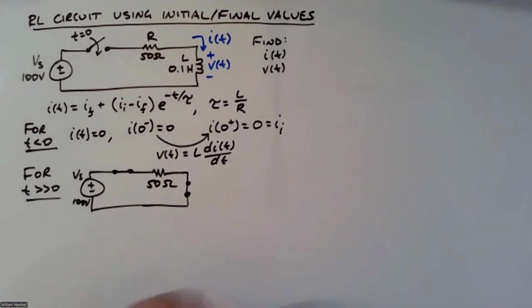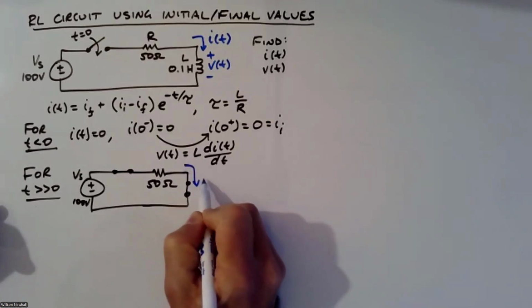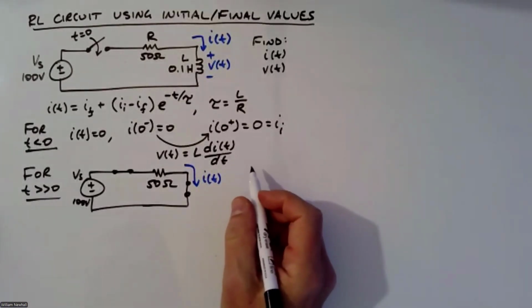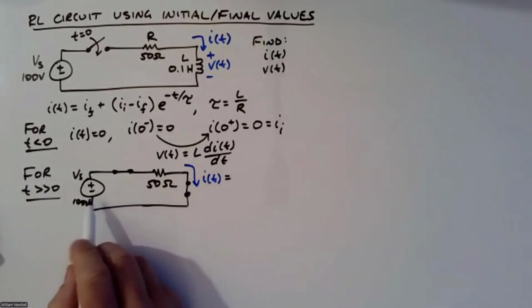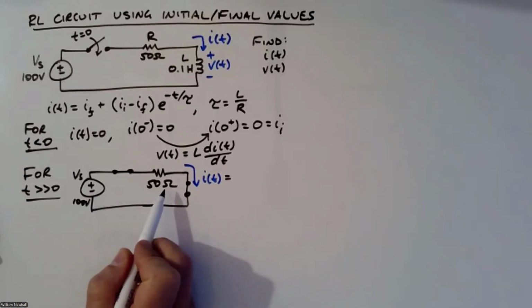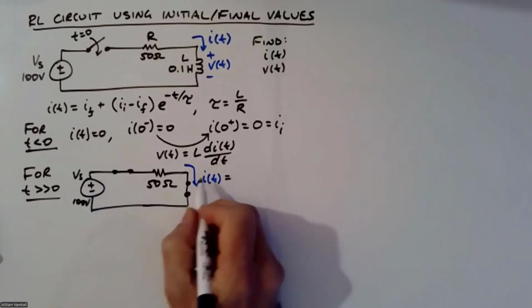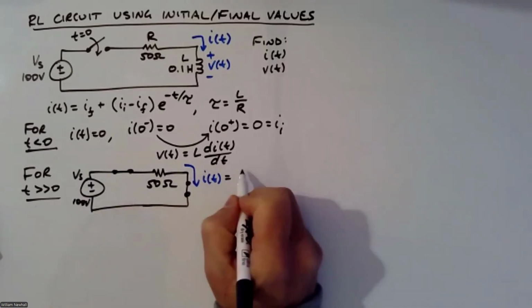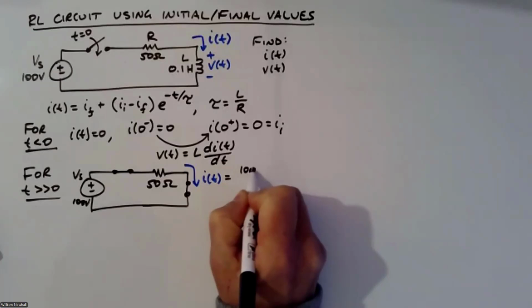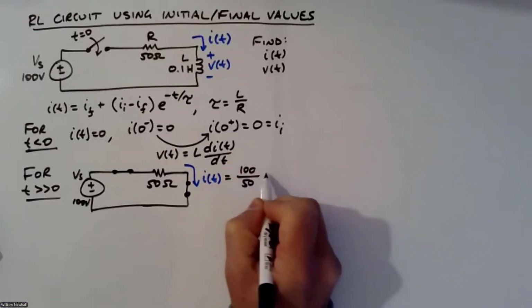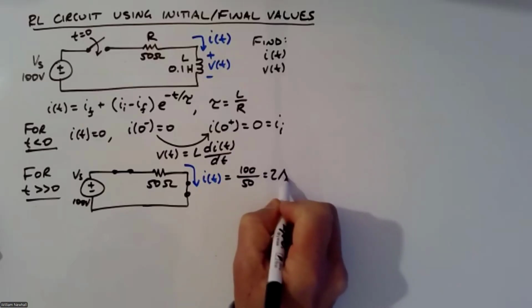Well, this is i of t now, coming down that way. And so what is that? Well, you have a 100-volt source over 50 ohms, right? So this is just 100 volts across 50 ohms. You want to calculate the current, you use Ohm's law: 100 over 50 is equal to 2 amps.